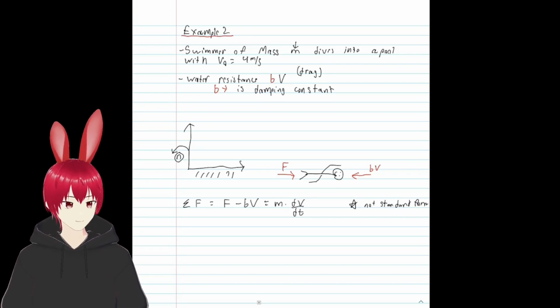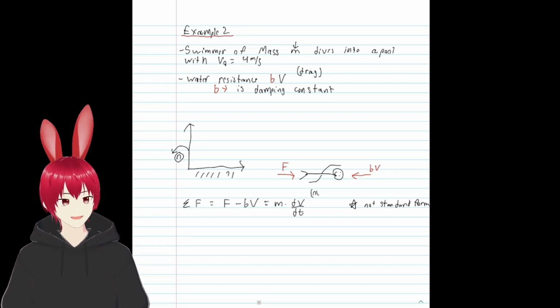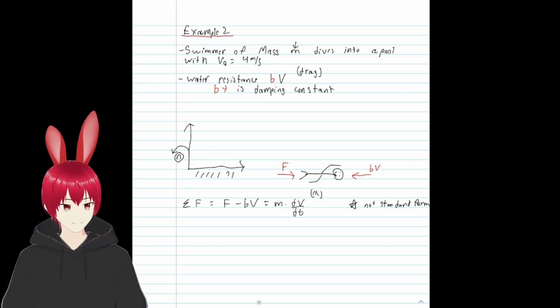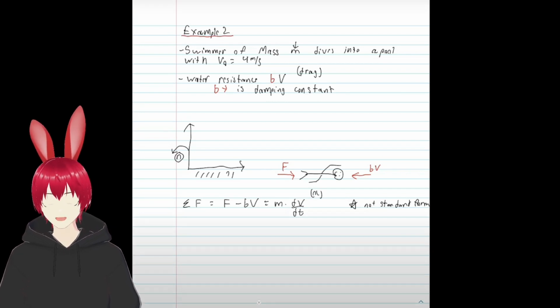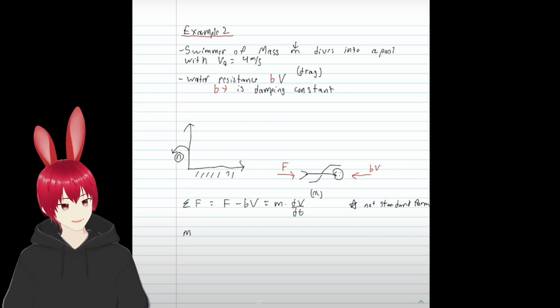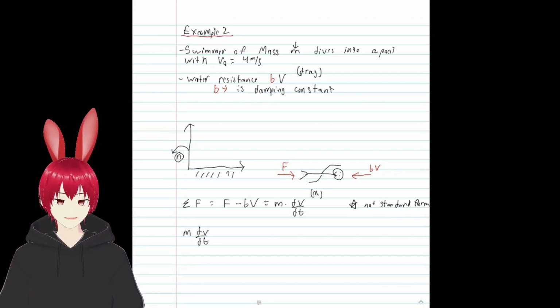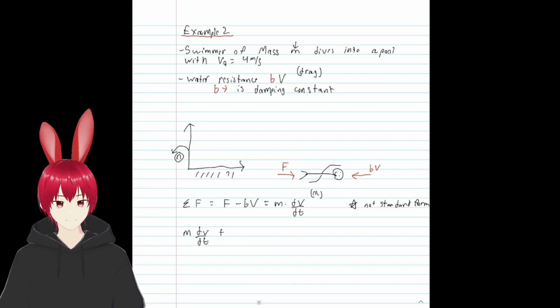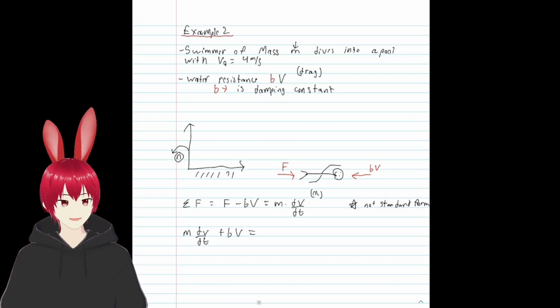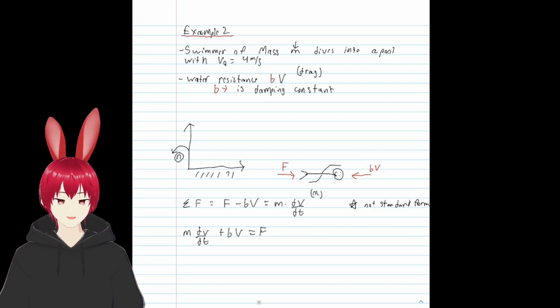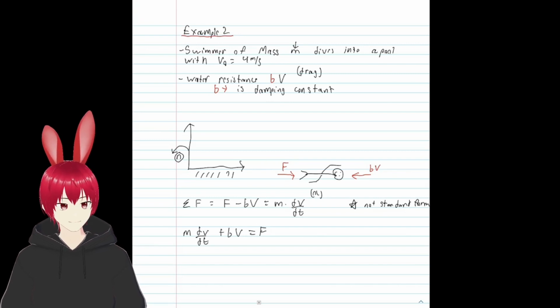So what do we have to do? The exact thing that we did in example 1. We are going to have to move most of our variables around a little bit. That gives us, on the left side, m dv dt plus b v, our drag force, is equal to F, our force.